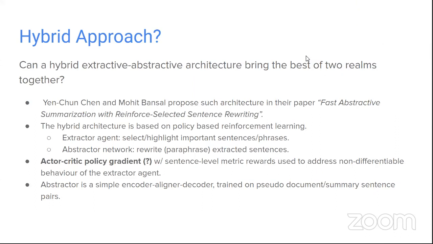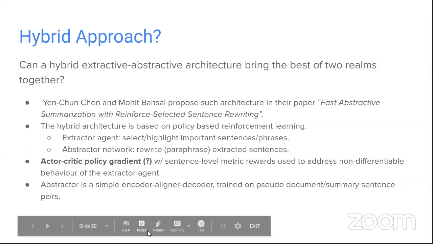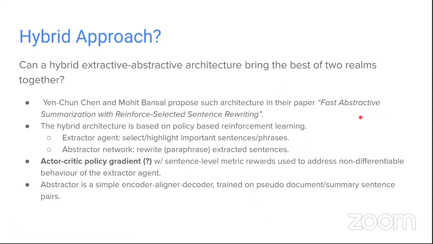The next paper is called Fast Abstractive Summarization with Reinforced Selected Sentence Rewriting. It's actually a hybrid approach that combines these two approaches.